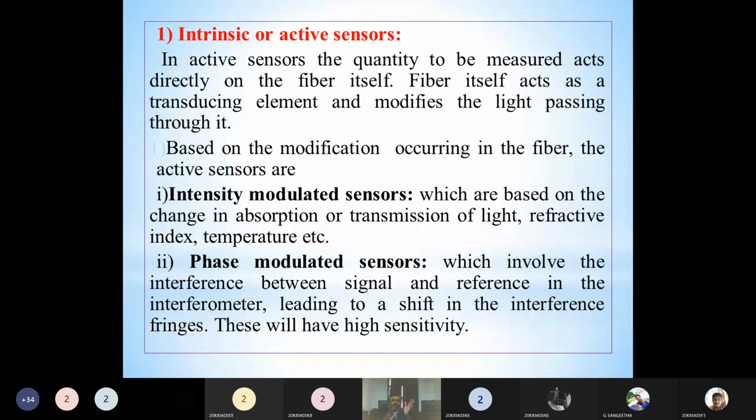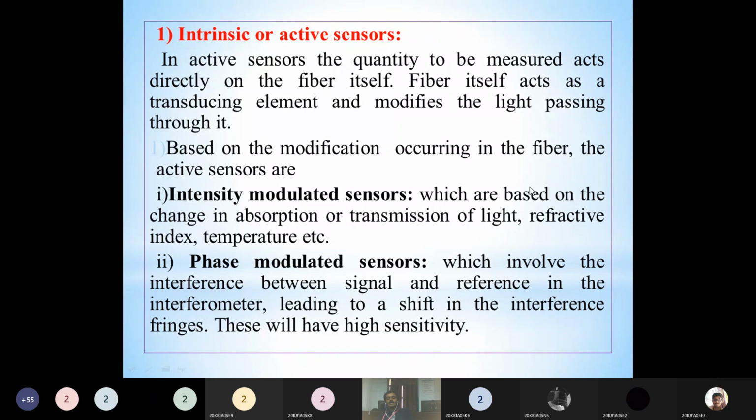There is no other material in between the optical fibers. Only the optical fiber acts as the sensor here, based on the modifications occurring in the fiber.